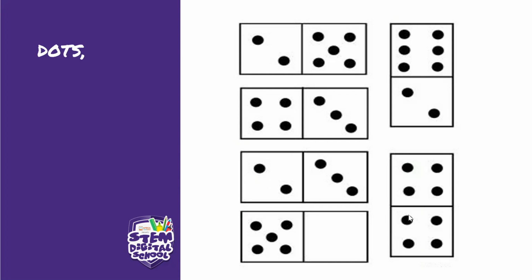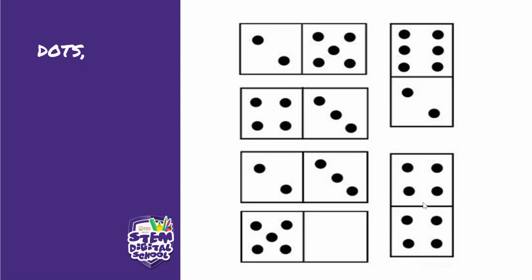Okay, count the second square. 5, 6. No, start from 1 because it's a new square, remember? Yes, so let's start from 1. 2, 3, 4. So the top one has 4 and the bottom one also has 4.